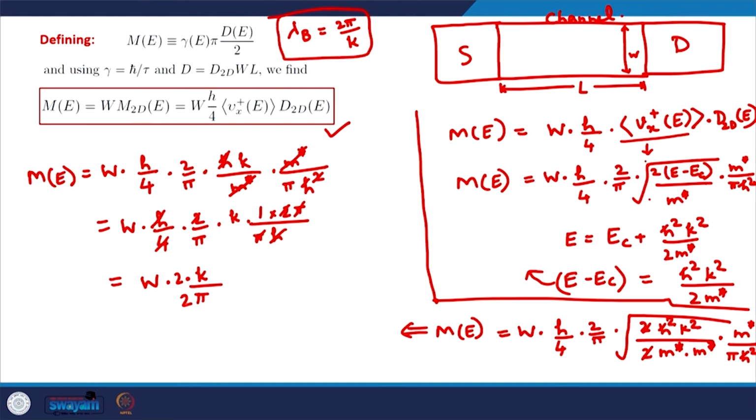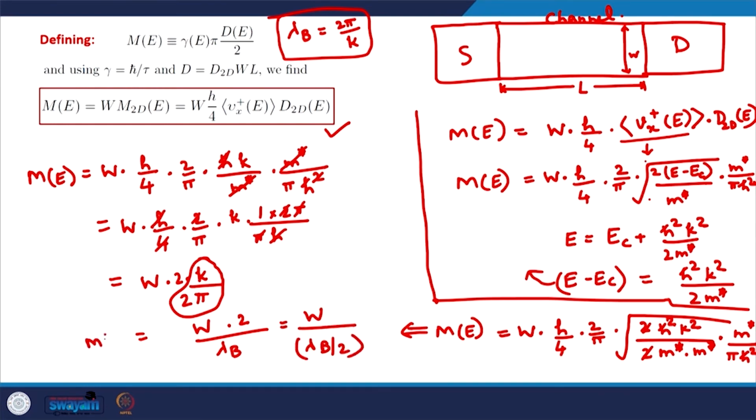Okay. So if we have this here, it becomes W times 2 divided by lambda b, or W divided by lambda b by 2.